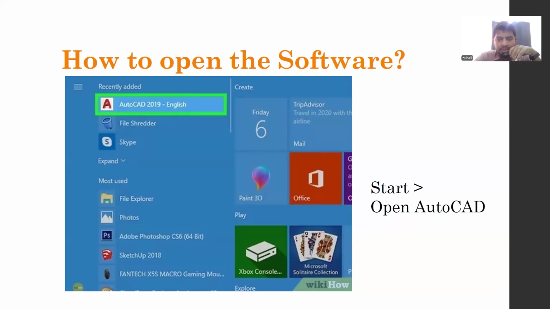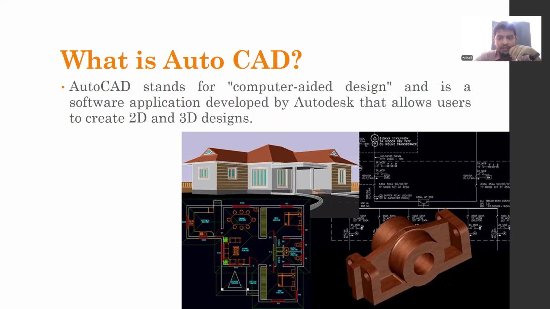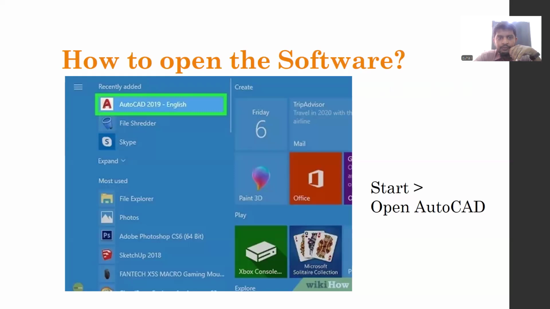Up to now you have learned what AutoCAD is and what output you can have. From this you can see what your target is, what the objective of this study is. Then how to open the software.